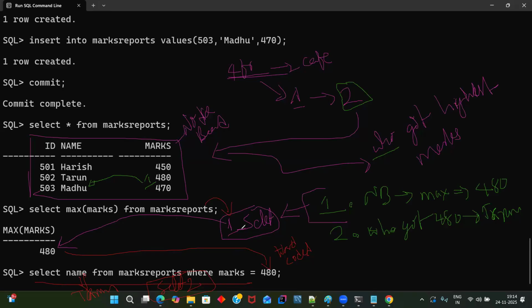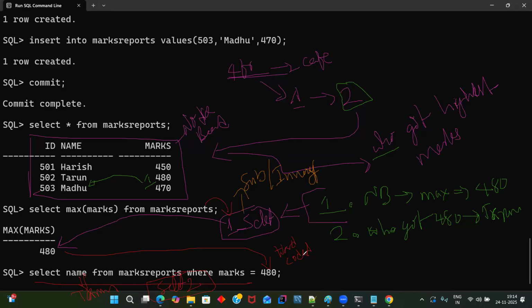That you have to call a subquery, or you can say inner query. Among the two, which query do you want to execute first, and which later?